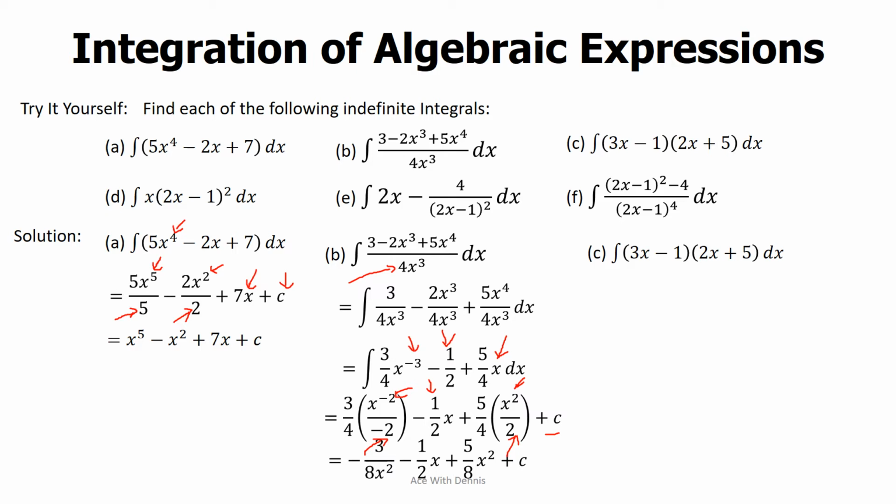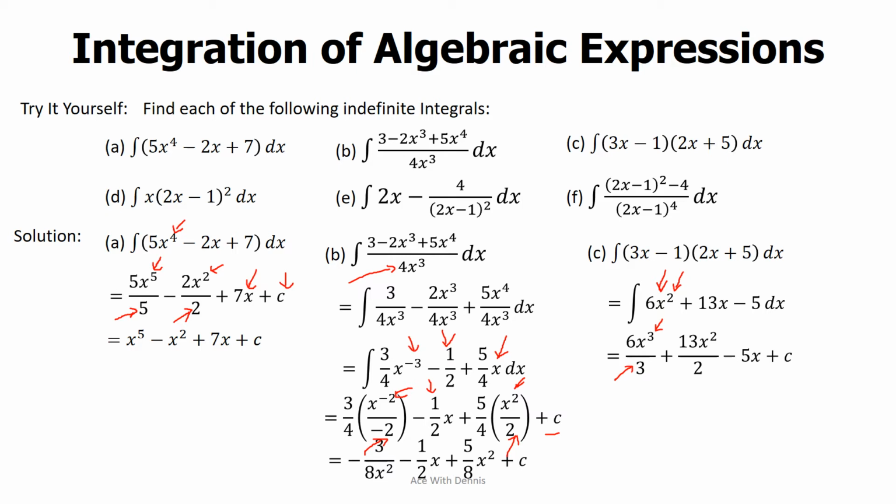For C, integration of 3x minus 1 times 2x plus 5 dx. So what you can do is, you can expand, which we get integration of 6x squared plus 13x minus 5 dx. Now we can integrate separately. So integration of x squared, the power 2 plus 1, we get a 3, then over 3, power plus 1.